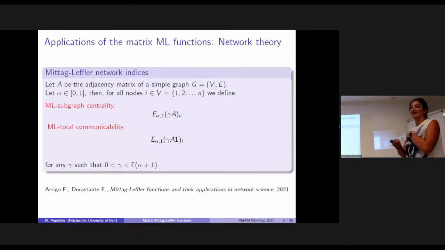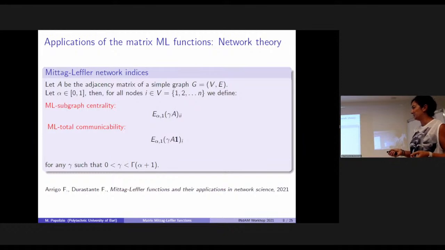Okay, and then there is the application that Fabio discussed a few minutes ago. The matrix Mittag-Leffler function is also important in network theory. In fact, in its definition, we have seen this, so probably you recall it.